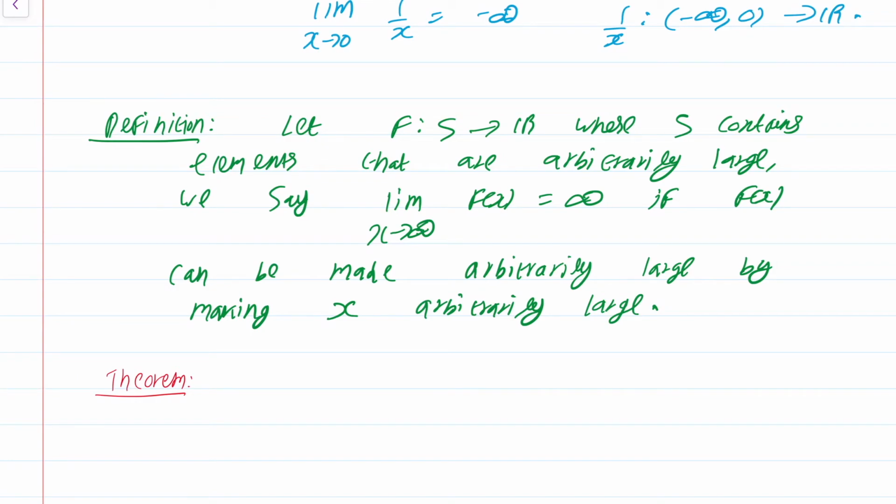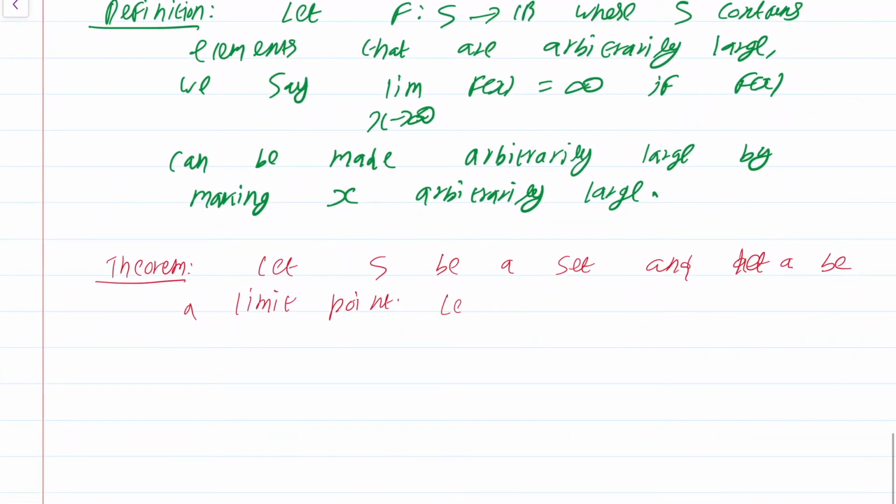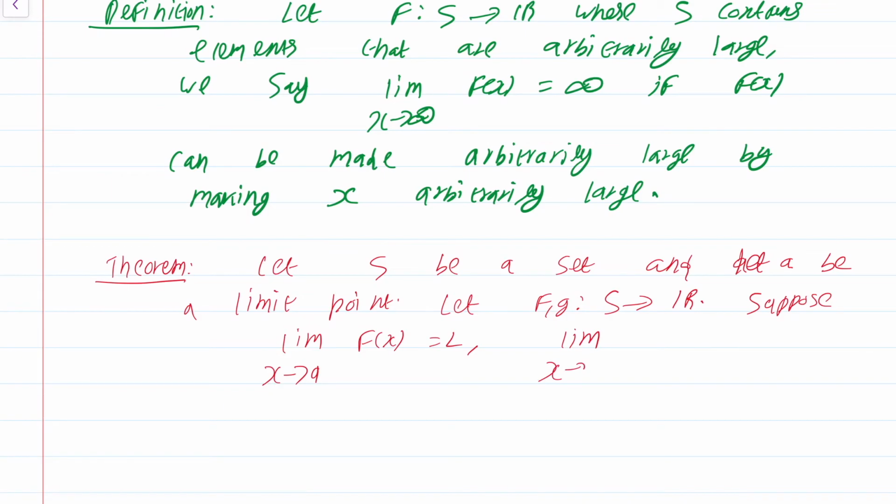Let S be a set and a a limit point. Let f, g from S to R. Suppose limit x going to a of f of x equals L, and limit x going to a of g of x is equal to infinity.